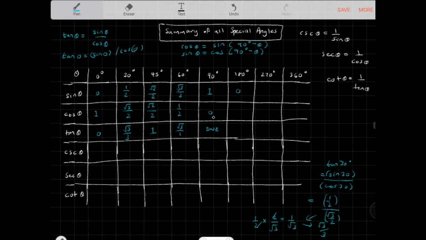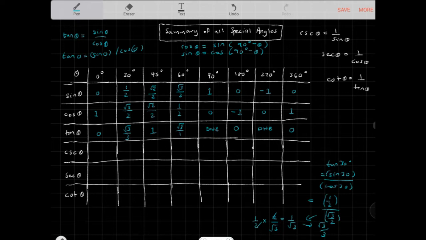Cosine 180 we determined was -1, and then 0 divided by -1 is 0. Right, sine 270 was -1. Cosine 270 was 0. Tan 270 is sine 270, -1, divided by cosine 270, which is 0. Doesn't exist. Right? Sine 360 was 0, cosine 360 is 1, and tan 360 is 0.